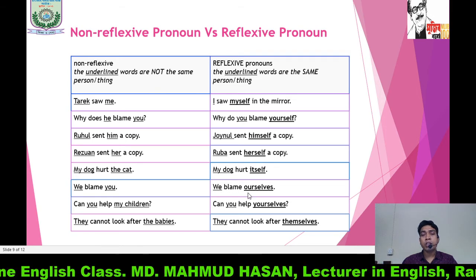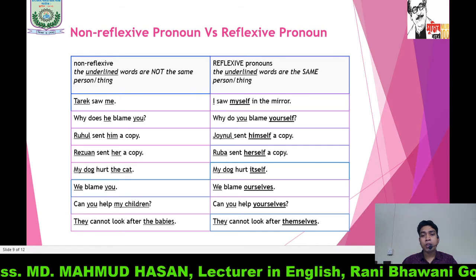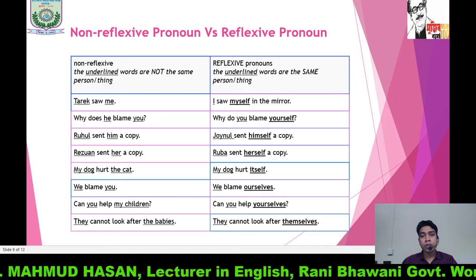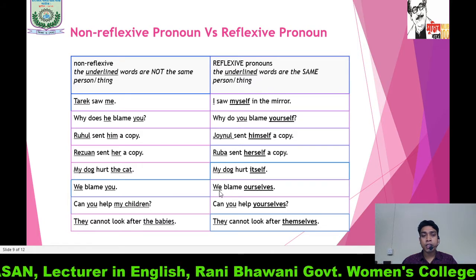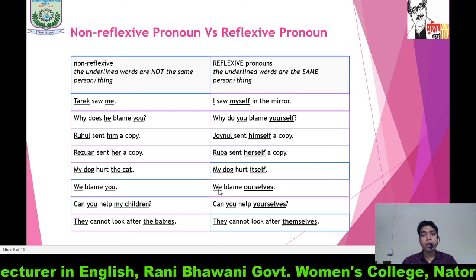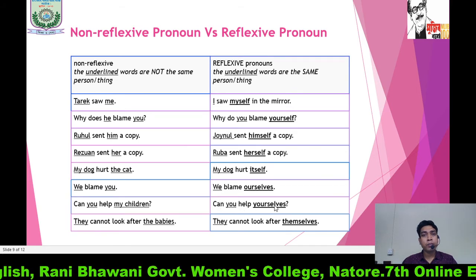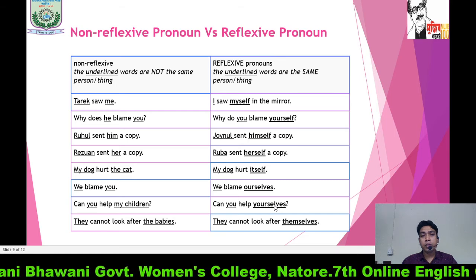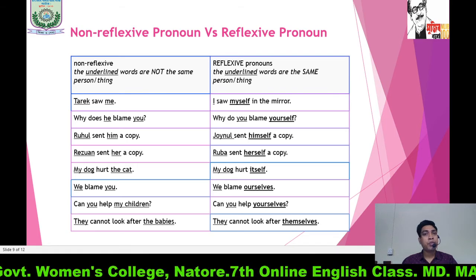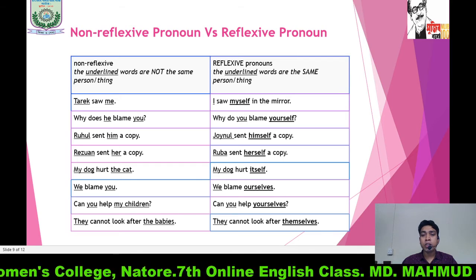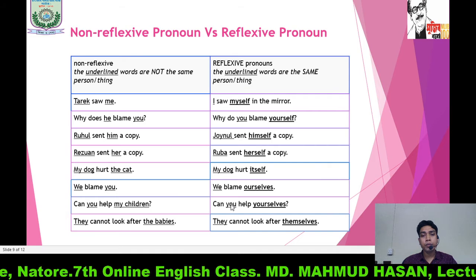We blame ourselves. We and ourselves are the reflections of each other, and ourselves is the reflexive pronoun, and it indicates the subject we. Can you help yourselves? You and yourselves both are reflexive. Yourselves is an example of a reflexive pronoun, and yourselves indicates the subject you.